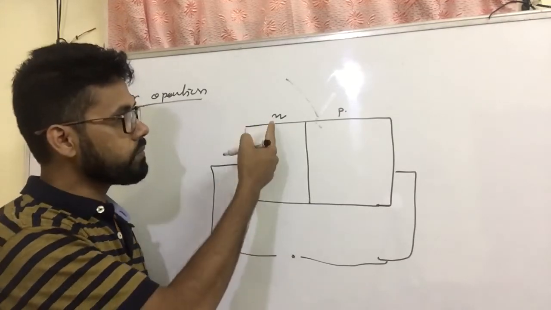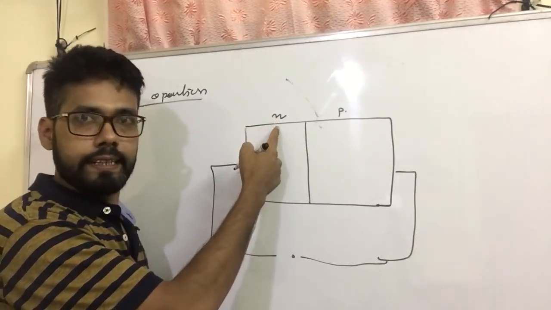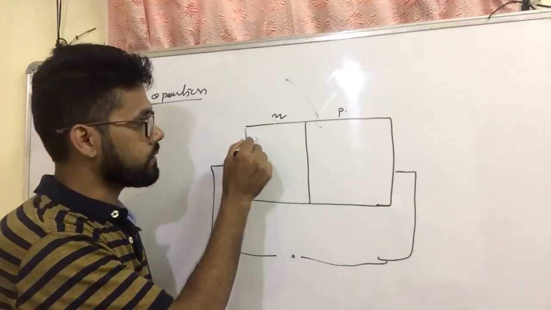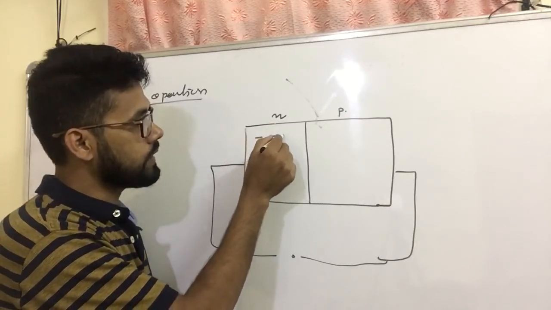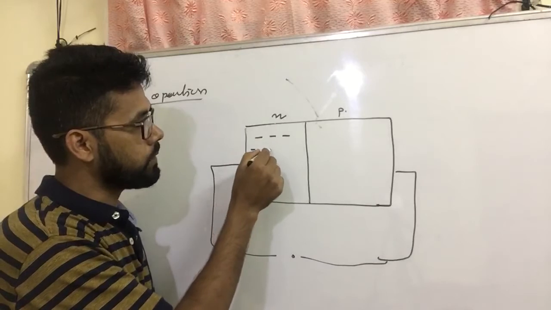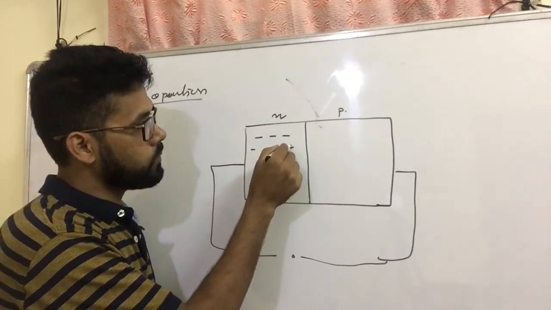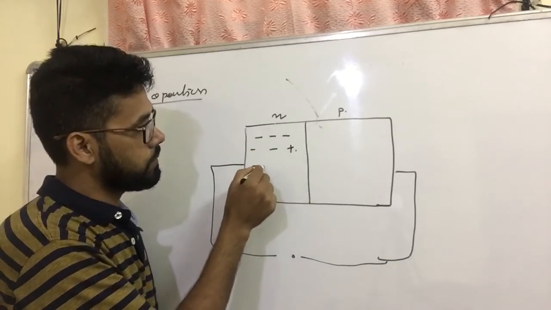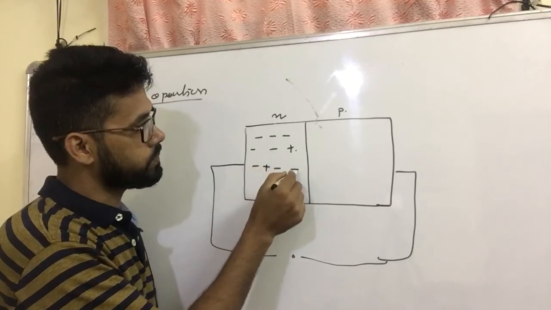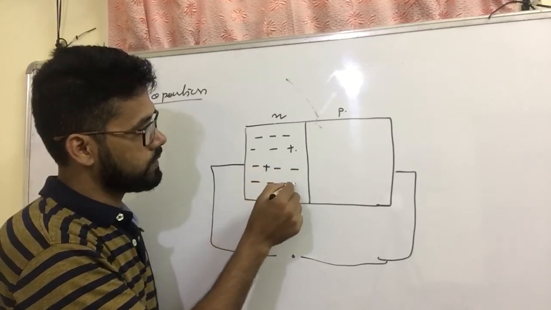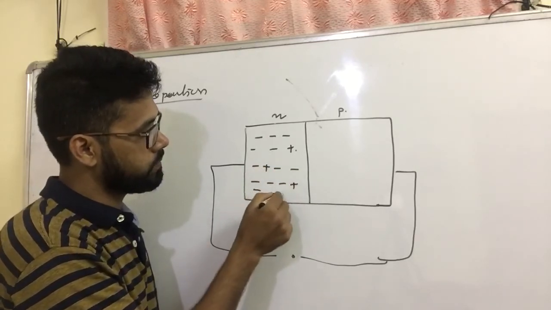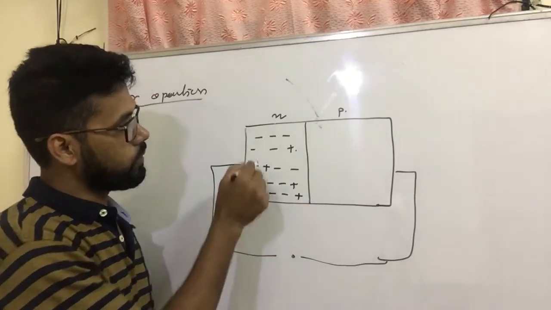Here the N side means majority electrons. These are the electrons, the maximum number of electrons, and one or two holes.